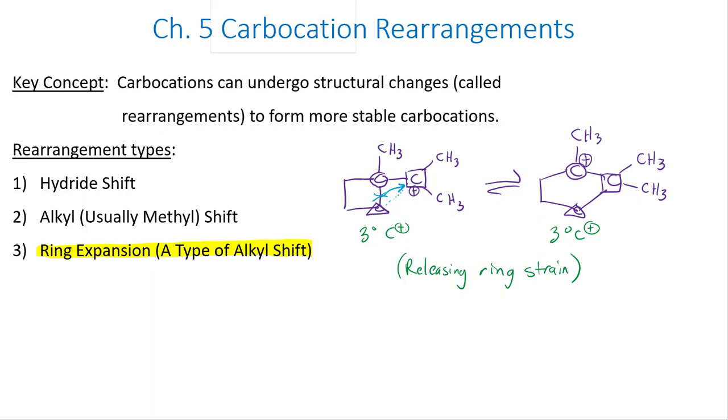Now, a couple of notes here. This is not something that we need to predict unless we're asked to, or we're given some hint that it's happened, which could be a multiple choice question where one of the answers is the result of a viable carbocation rearrangement.